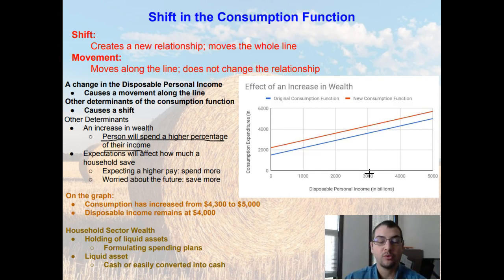I might still only be making $3,000 every year, or my income still might only be $3,000. But because I have so much in reserves and my wealth and so many liquid assets, I can afford to spend more of my paycheck, more of my salary of say $3,000.